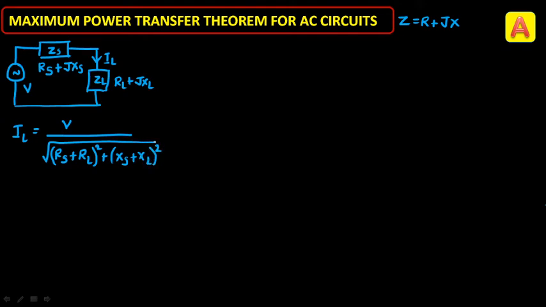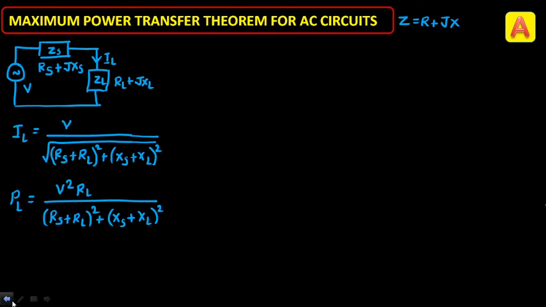And now the power demanded by the load, let us say PL. The power formula is I square into R. Here we are considering only active power, so PL is V square into RL by (RS plus RL) whole square plus (XS plus XL) whole square.